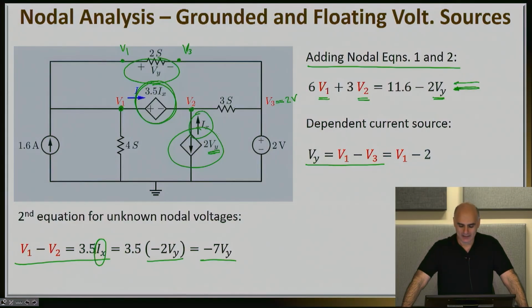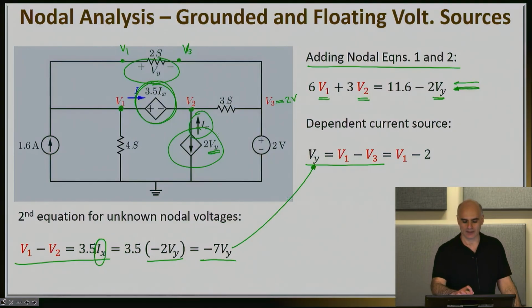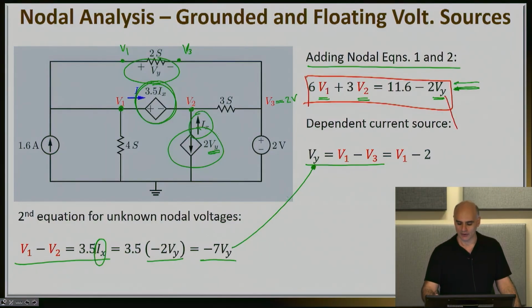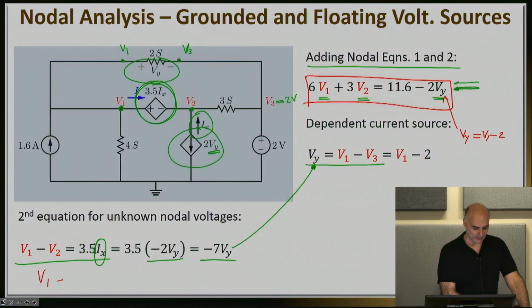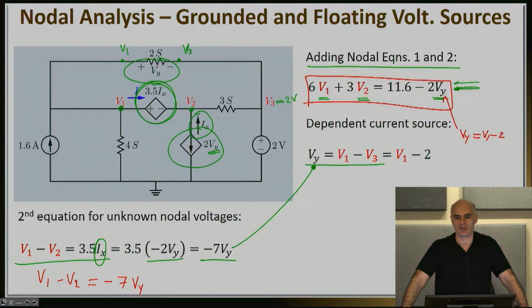So basically I'm done because Vy is known. Vy is right here. So I have now two equations. I have the equation right here, which will become immediately useful once I replace Vy with V1 minus 2. And I have this equation right here, that V1 minus V2 is equal to negative 7Vy, which will become again immediately useful once I express Vy as V1 minus 2.